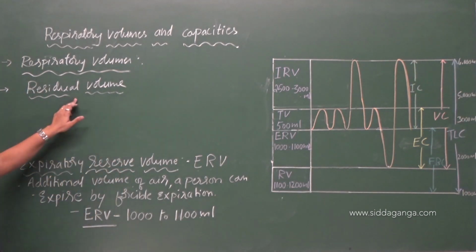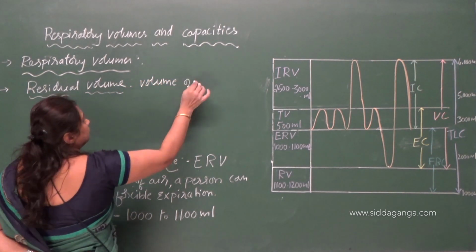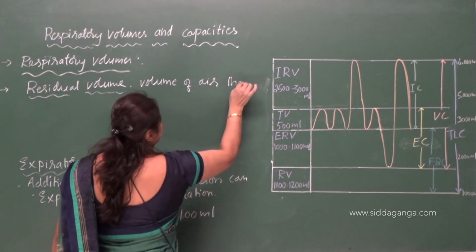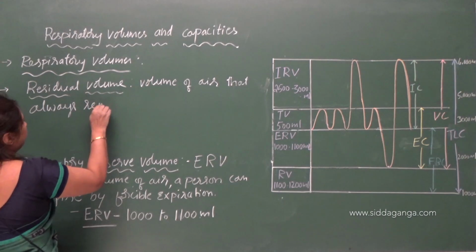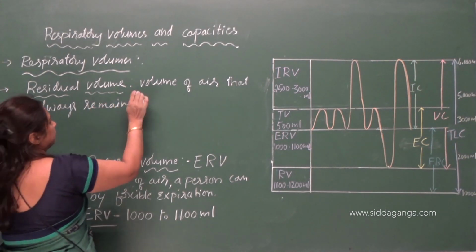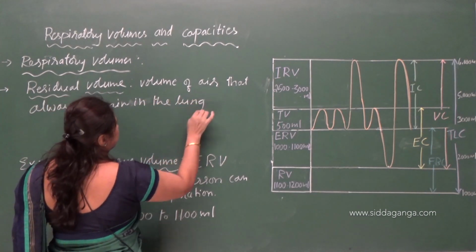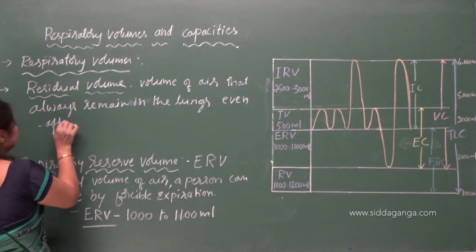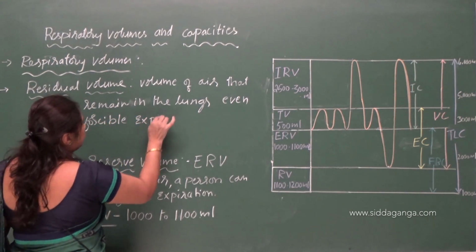So how can we define residual volume? It is the volume of air that always remains in the lungs even after forcible expiration.